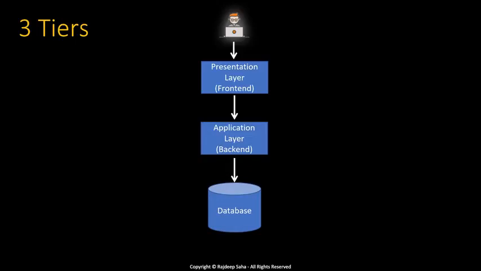These three distinct layers or tiers, presentation layer or front end, application layer or backend, and database, are the reason this architecture is called three tiers.